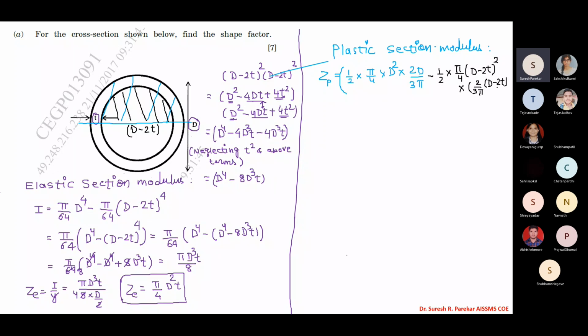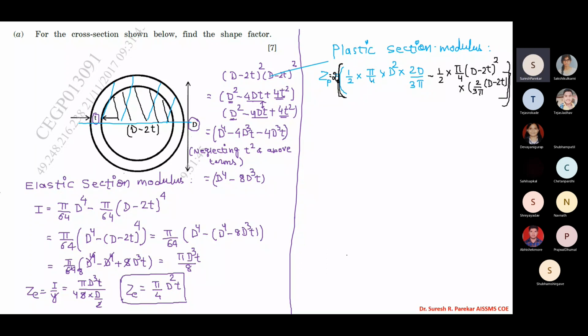Only d is replaced by d minus 2t. And this whole we have twice. So I will write here equal to 2 times.